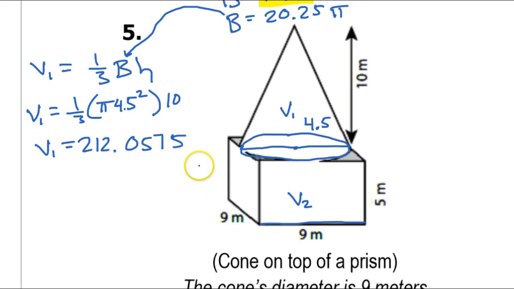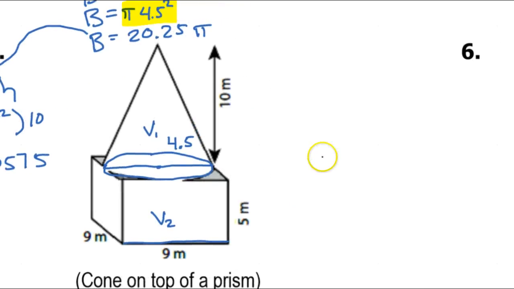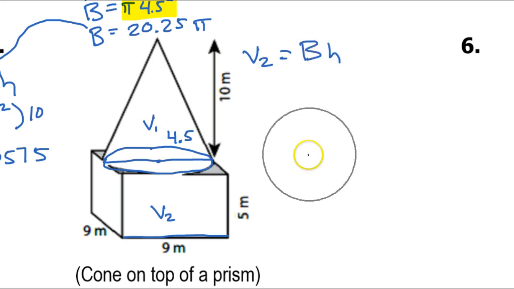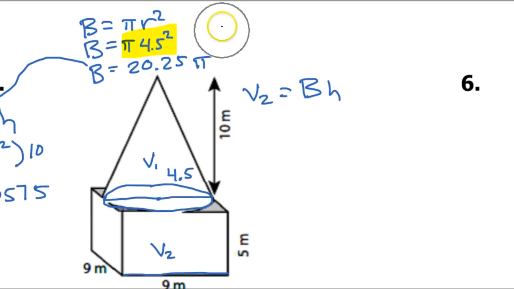So that's volume 1. So now I'm going to slide over to the right hand side, and now I'm going to find volume 2. So volume 2 is a prism, so the volume of a prism is the area of the base times the height. So this is a different base than I did over here, but I am going to calculate that off to the side.